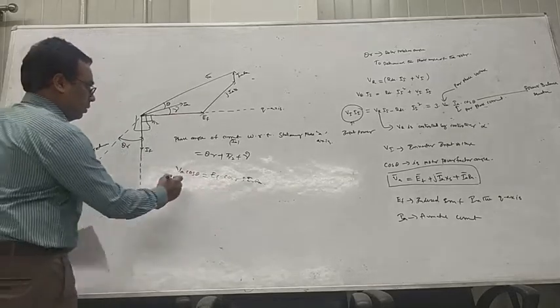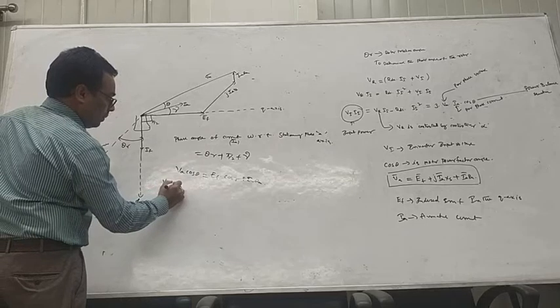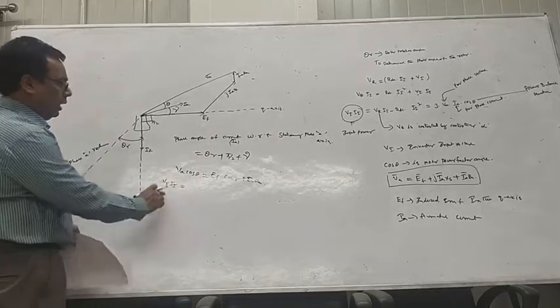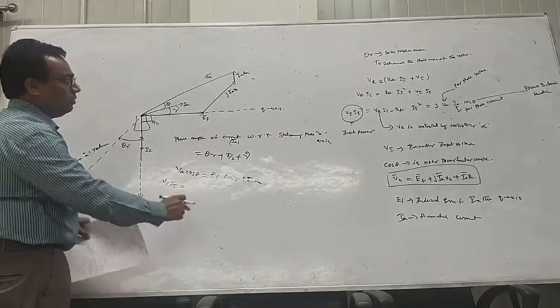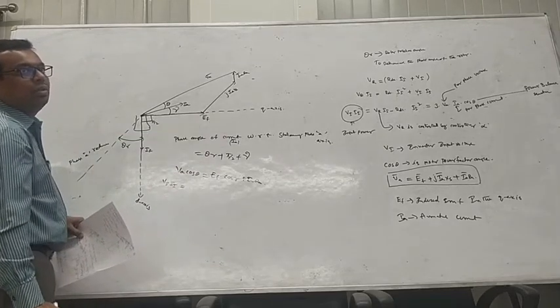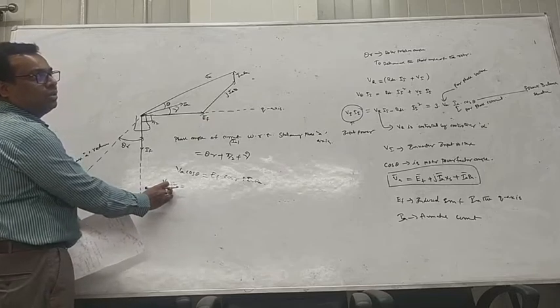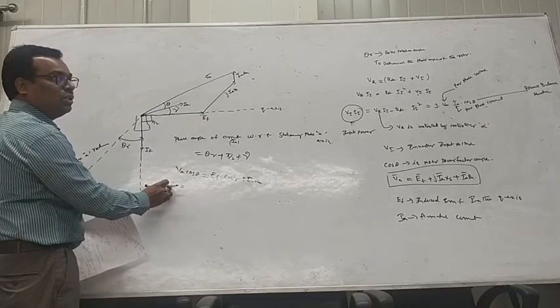As you know, VA into IA relates to the input power to the current source inverter.